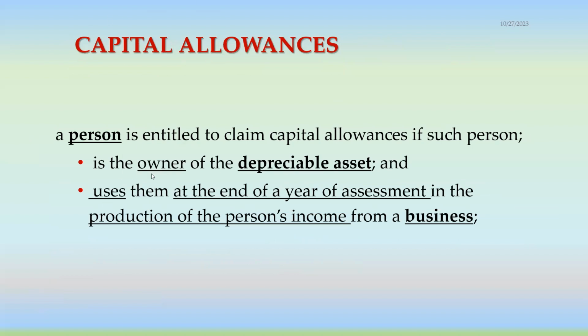There are two conditions, and both should be fulfilled to deduct these capital allowances. The person should be the owner of the depreciable asset, and that owner should use that asset at the end of the year of assessment. Only then can capital allowances be granted.